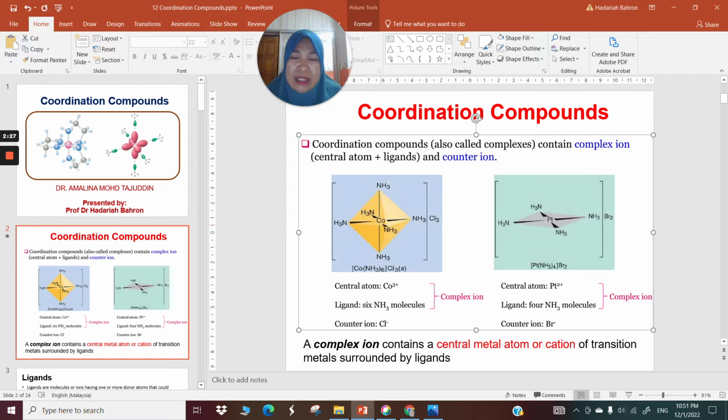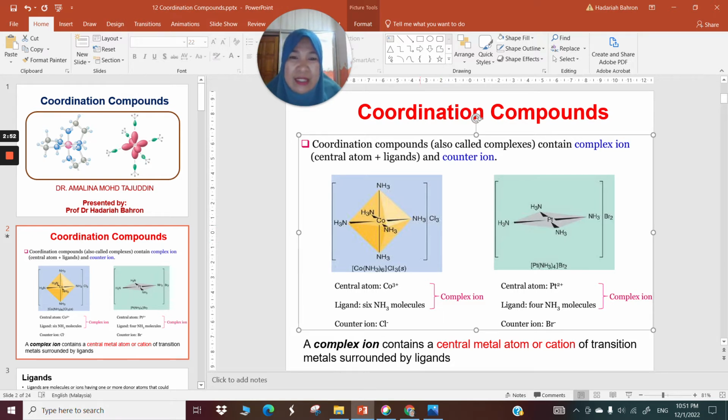So cobalt here is a cobalt 3. How do I know it is a cobalt 3? Because the charge of the whole thing in this bracket has to be neutralized. This bracket represents the complex ion. The charge of the complex ion has to be neutralized by 3 chloride ions.